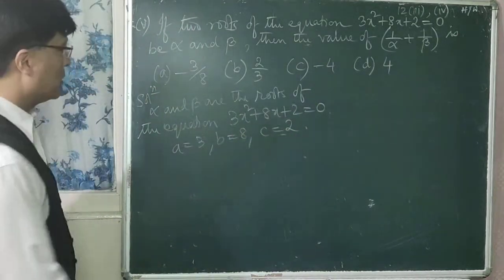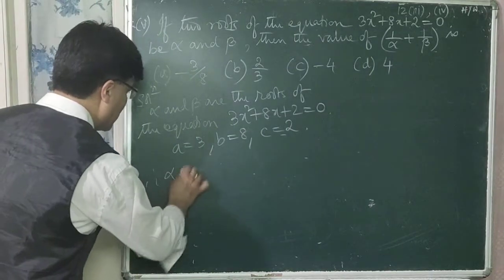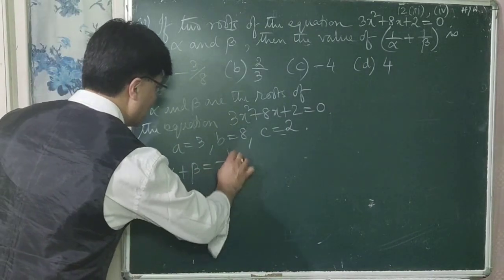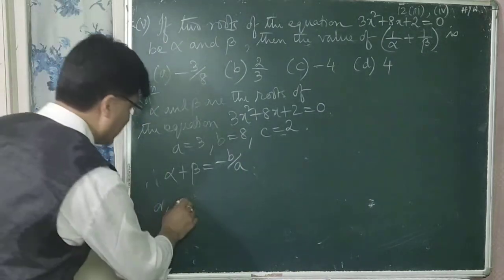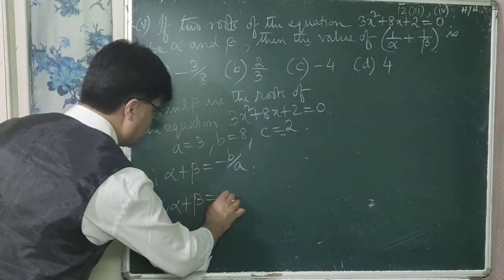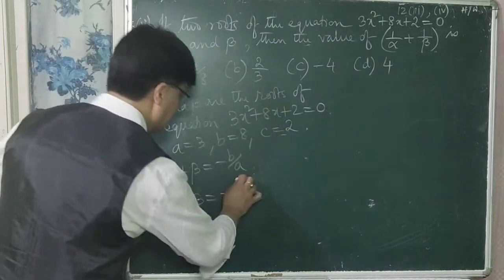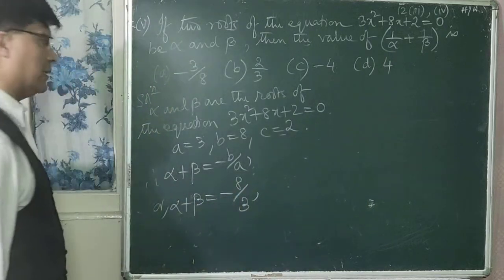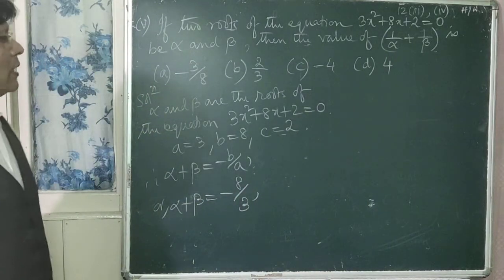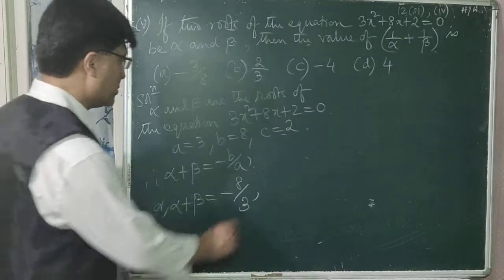Right? So what is the sum of the roots now? Alpha plus beta, what is the formula? Minus b by a, right? That is the formula. Alpha plus beta is equal to minus, the value for b is 8, divided by the value for a, 3. Clear? Now let us find out the product of the roots.